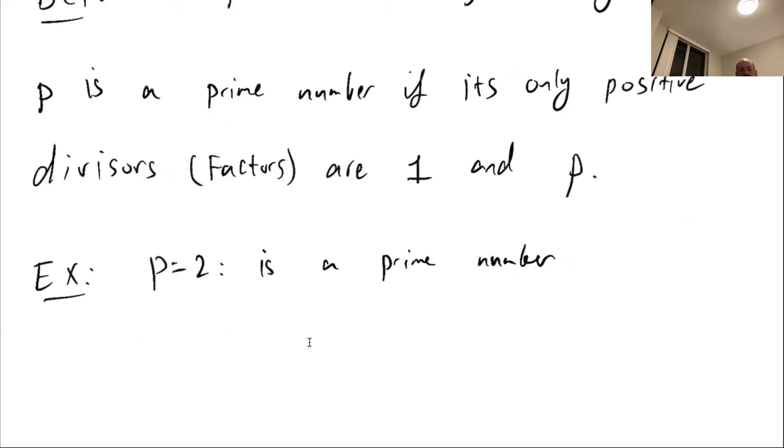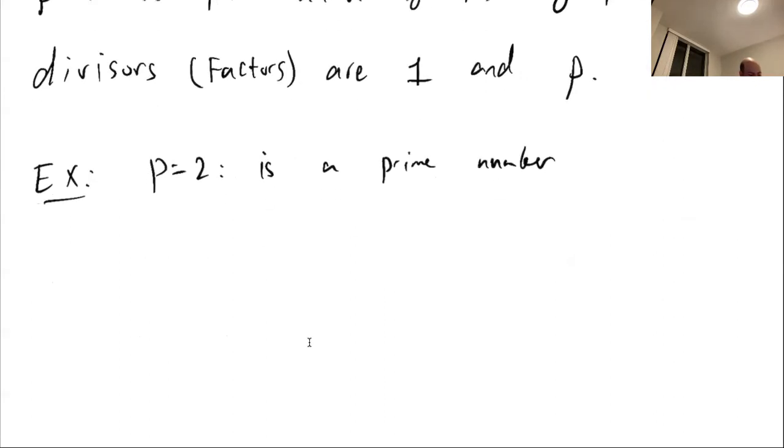Why? Again, because the only divisors or the only factors of 2 are 1 and 2. So 2 is only divisible by 1 and only divisible by 2 and nothing else. What about, let's say, p equals 3?